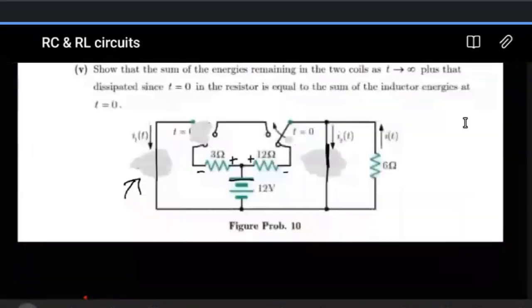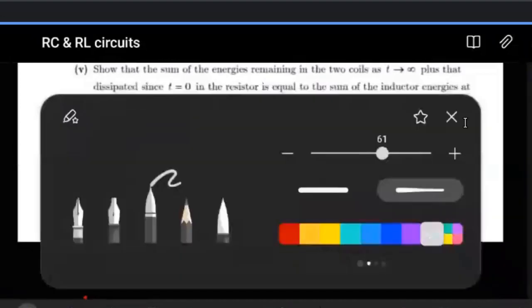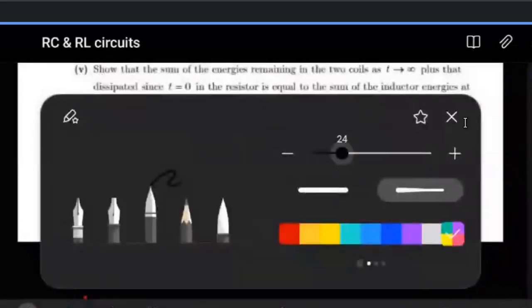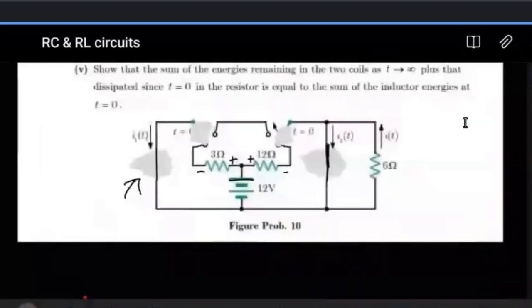So I'll remove it from this contact. And now I'll say both switches are connected instead of going there. Now this one connects here and this one connects here. So this is now what we're seeing.